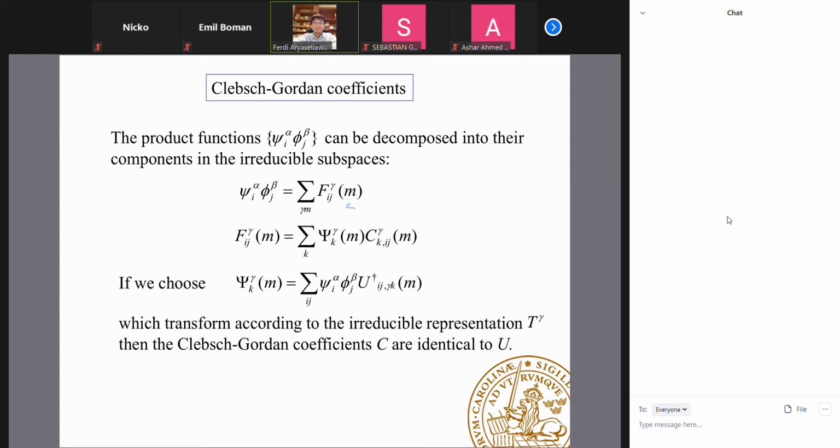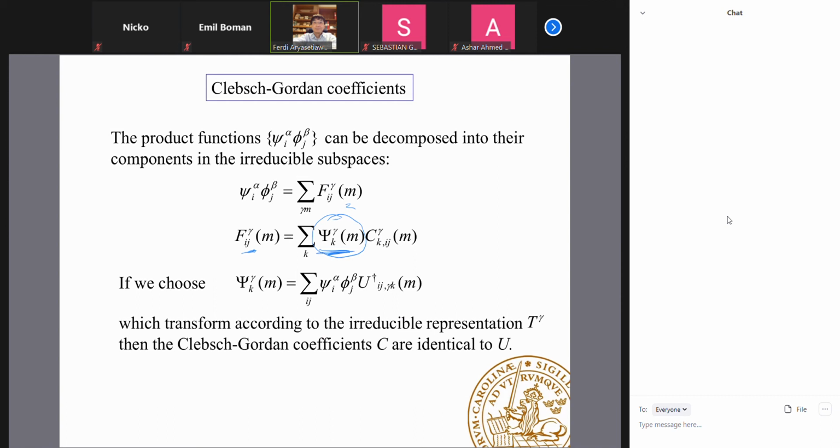So now we can write these functions in terms of the basis functions, this capital psi, of the irreducible representations.